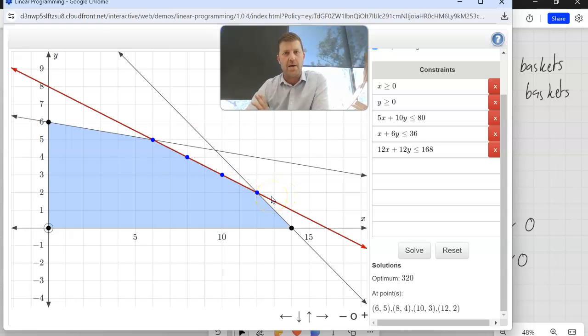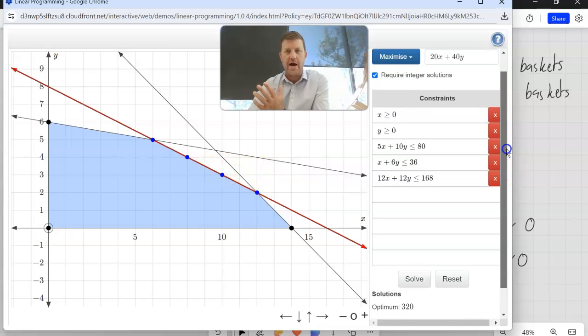If you have more than one optimal solution, look at any coordinates along that line between those 2 optimal solutions, which will be vertices. Any points in between those will also be optimal solutions as well, okay?